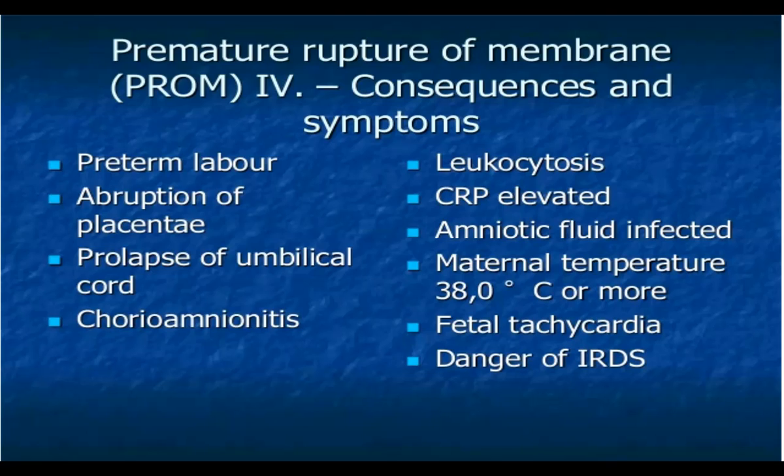It can lead to changes in the fetus, such as fetal tachycardia, and there is a danger of IRDS. So that is PROM, premature rupture of membrane. Those will be the abnormalities.